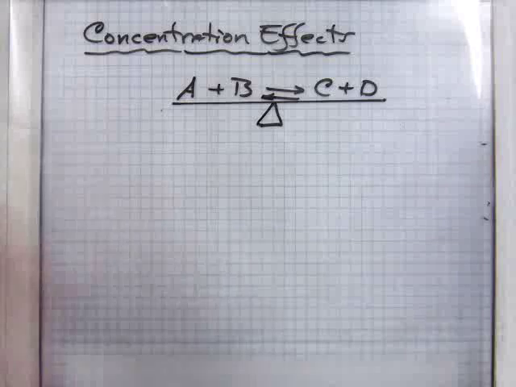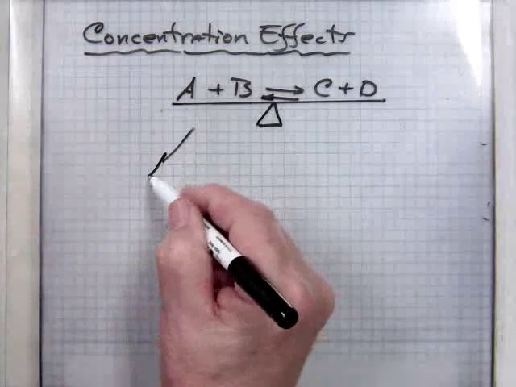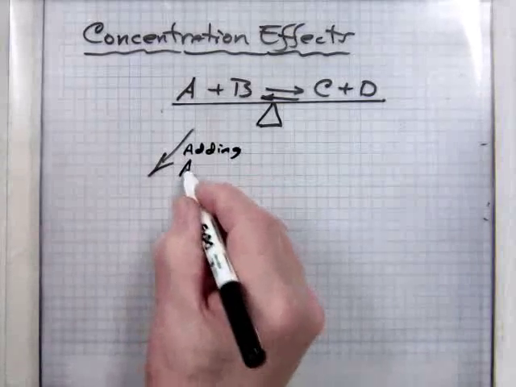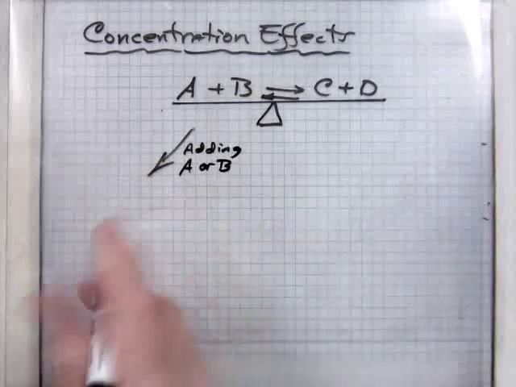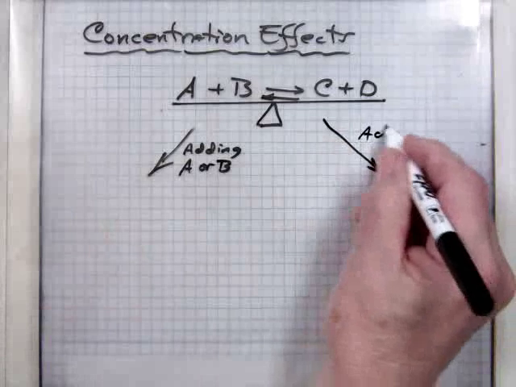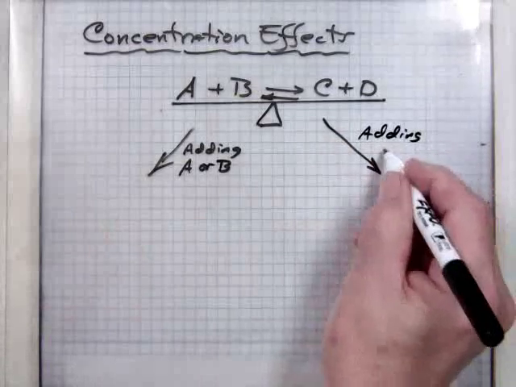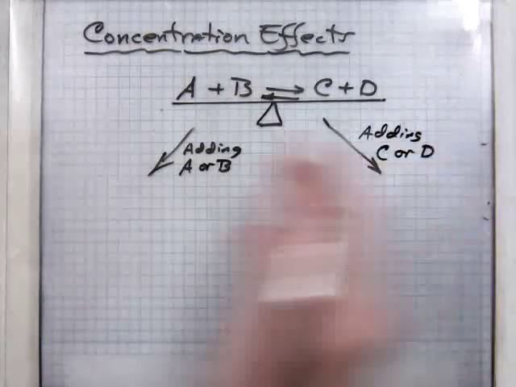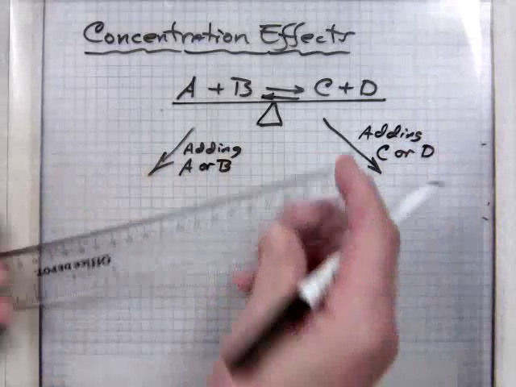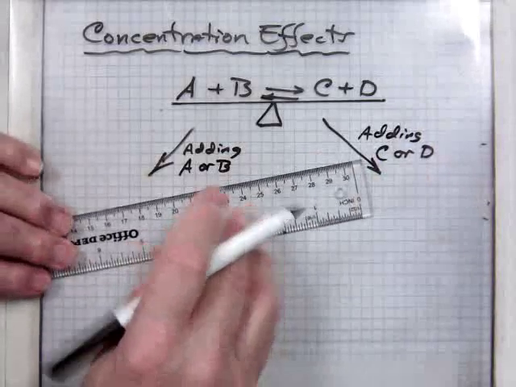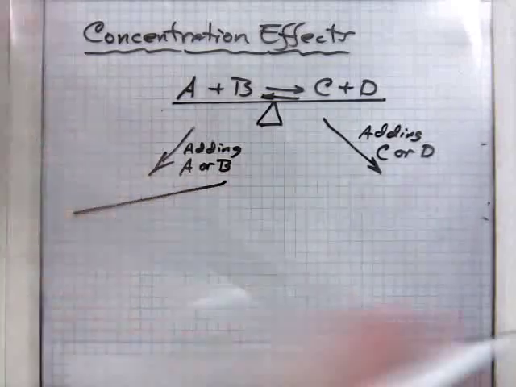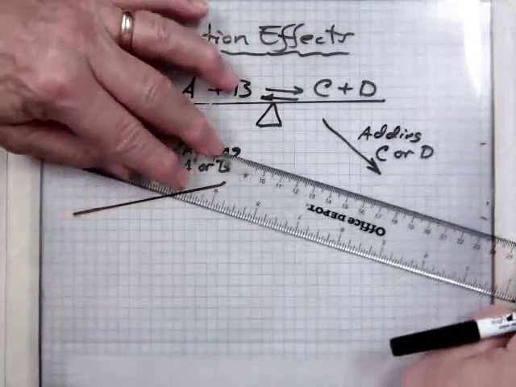So adding A or B, or in the other case, on the other side of the coin, adding C or D, you would result in a tilt left on the AB addition, like this, and a tilt right over here.